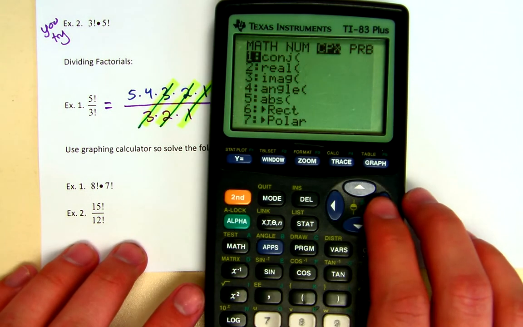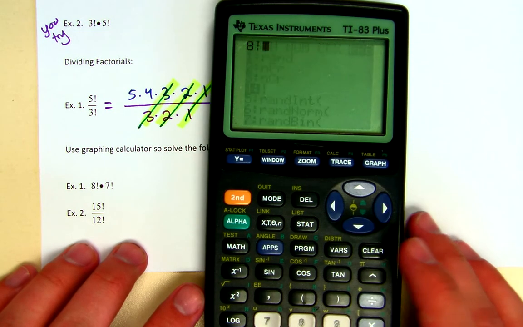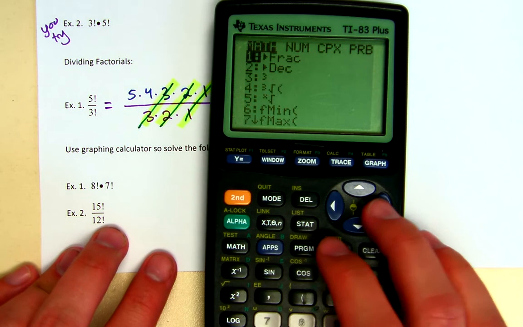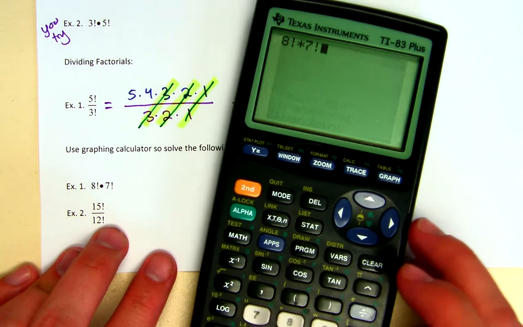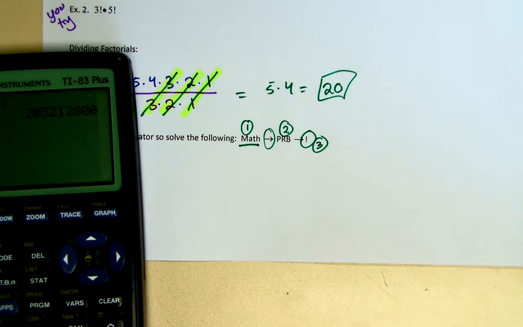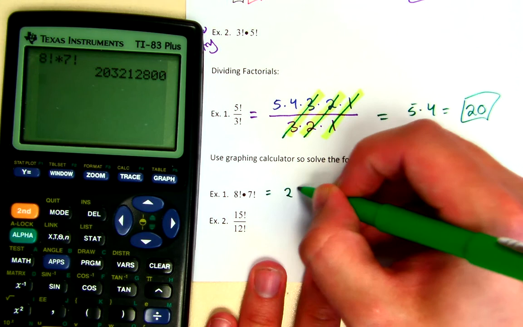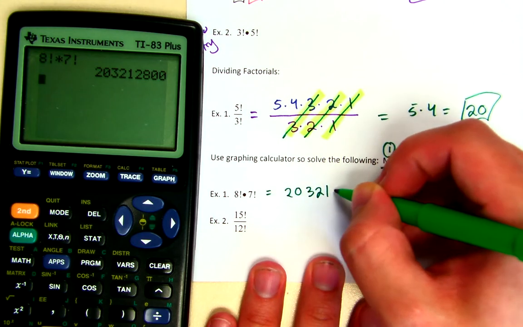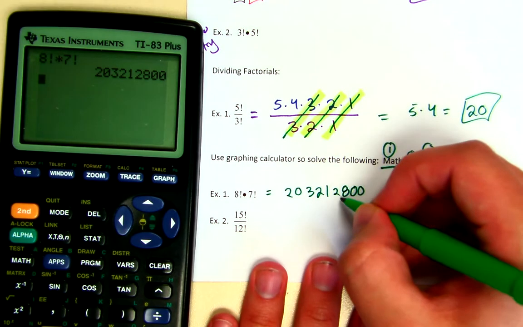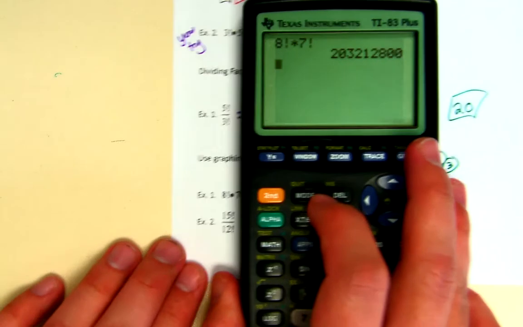I'm going to arrow over all the way to probability, and I'm going to use the factorial, times 7 factorial. So math, arrow over, factorial. Right? And we get a huge number. So this is where you might want to use it because you get a really big number. Right? So put some commas in there. There we go.